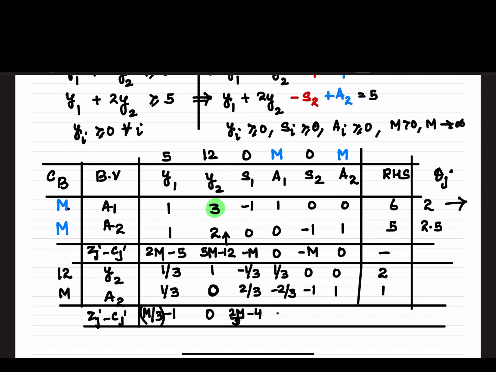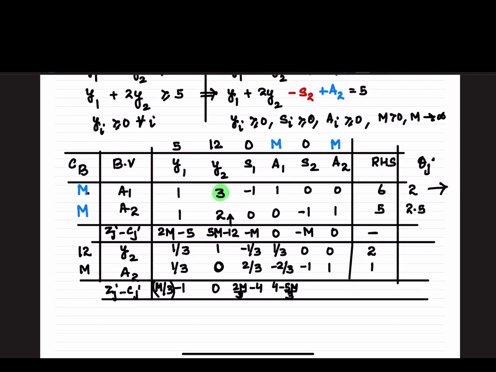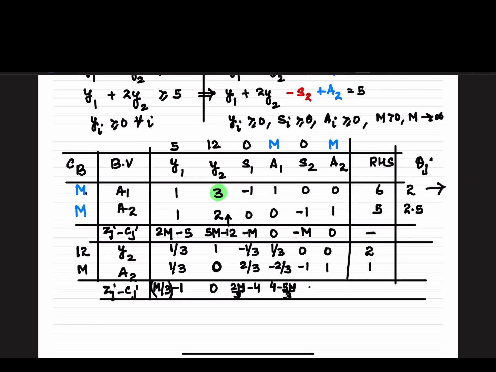The next is 4 minus 5M by 3. The next is minus M. This is 0. Don't calculate this.